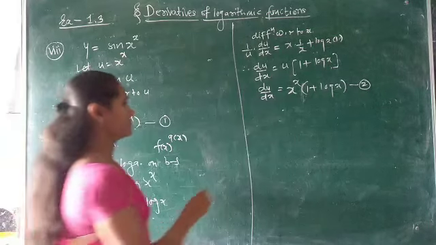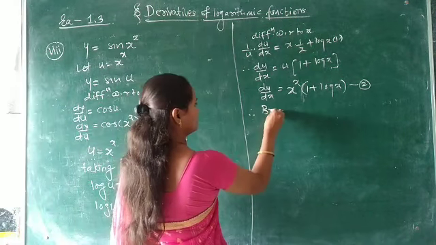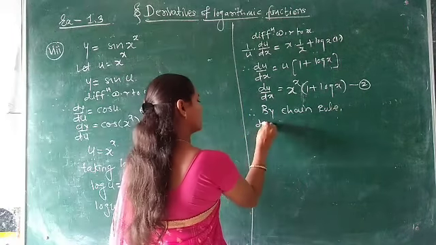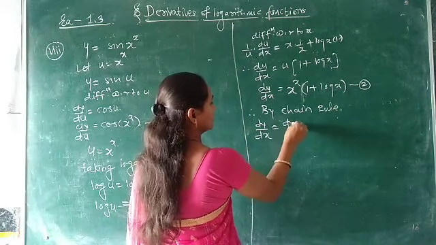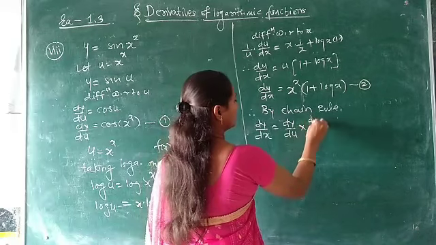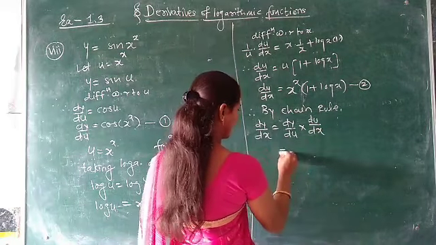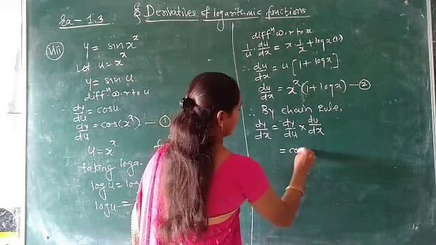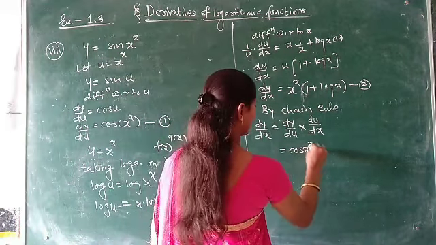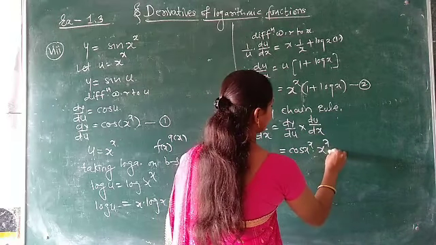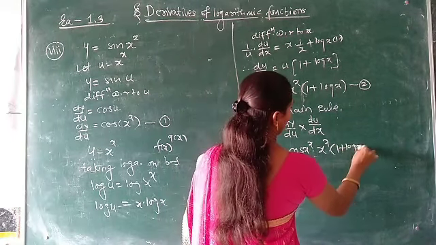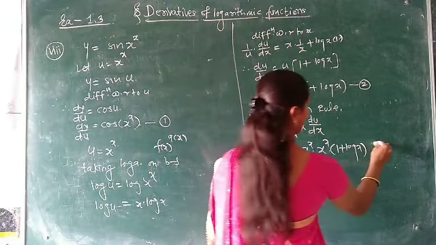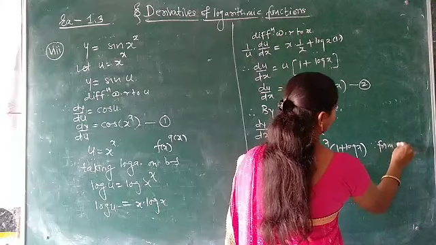Therefore, by using the composite function theorem or by chain rule, what is the value of dy upon dx? dy upon du into du upon dx. From 1 and 2, cos of x raised to x into du upon dx, which is x raised to x into (1 plus log x).